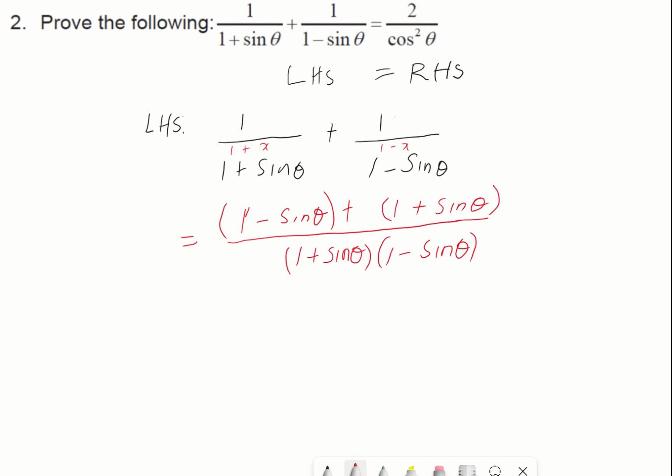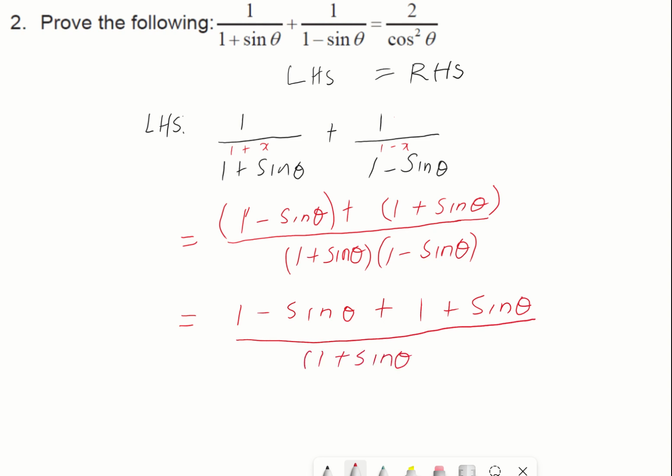So what you do now, you simplify your numerator, you open your brackets, which is 1 minus sine theta plus 1 plus sine theta, on the numerator. You still keep your denominator, which is 1 plus sine theta times 1 minus sine theta. What do you see on your numerator?